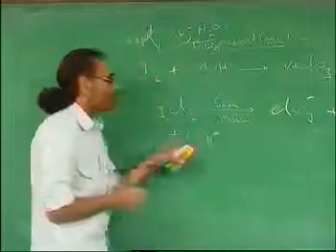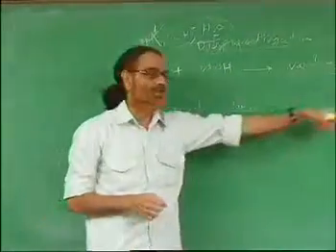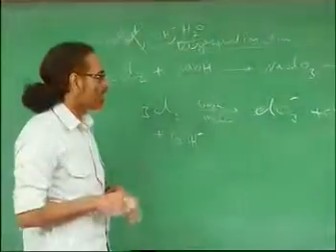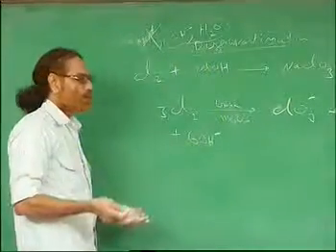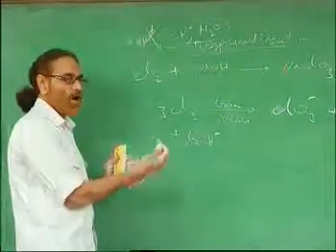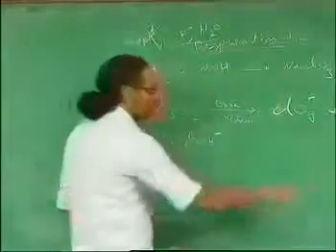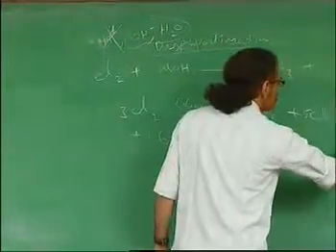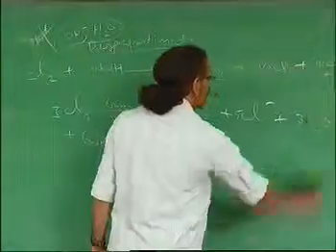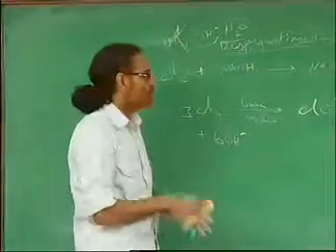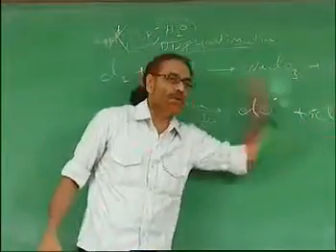So 6 OH minus, 6 minus charges, it is balanced. And finally water, to adjust hydrogen atoms and oxygen atoms. 6H, 6O. So 3H2O. In that, 6 hydrogens are balanced, and 3 oxygens are already balanced.